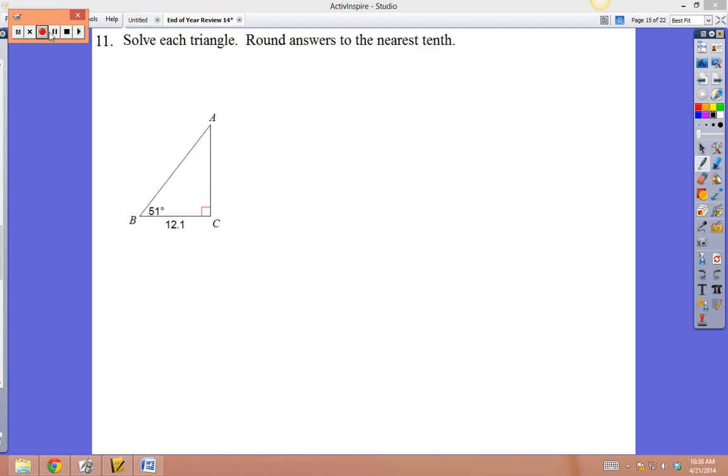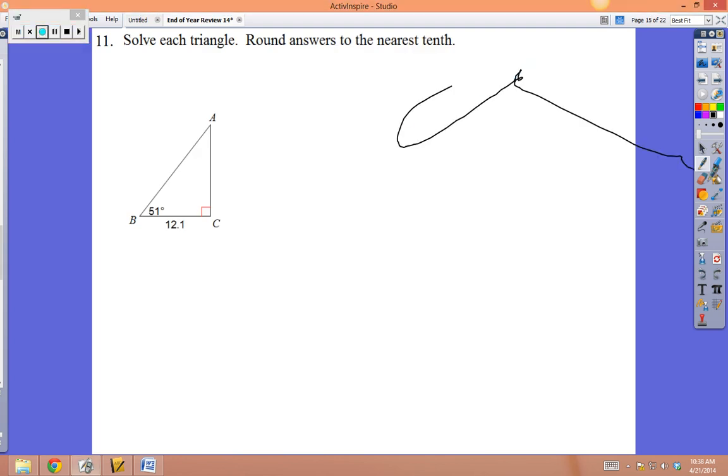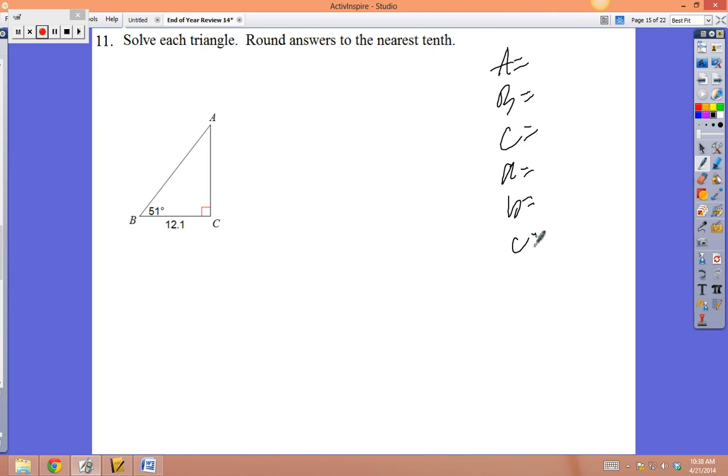Next problem, same thing. You've got to find angle A, angle B, angle C, side A, side B, side C. Angle B is 51 degrees. Angle C is 90 degrees.